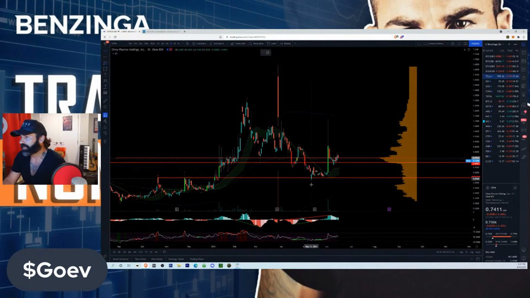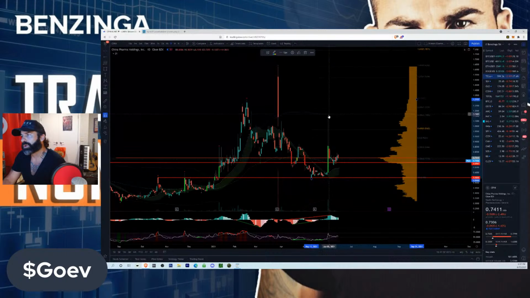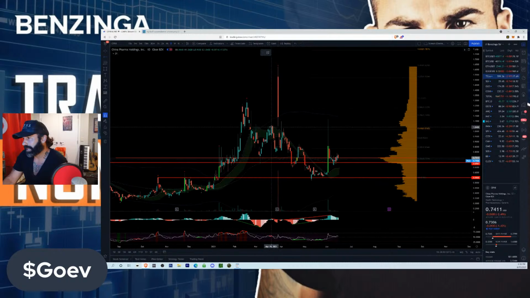And if we toss a fib retracement on here, we almost came all the way back up to the 786 off that retrace. I would probably keep my eye on retesting that level once again up at about $1. That does look like an important level if you want to be conservative.